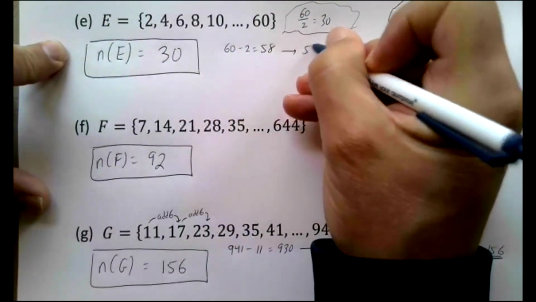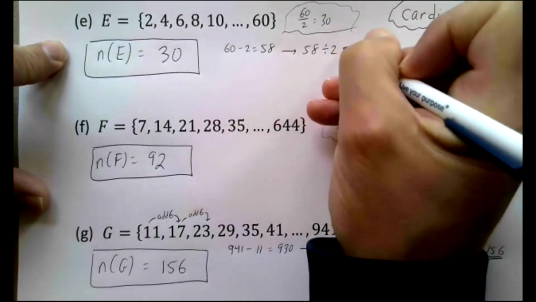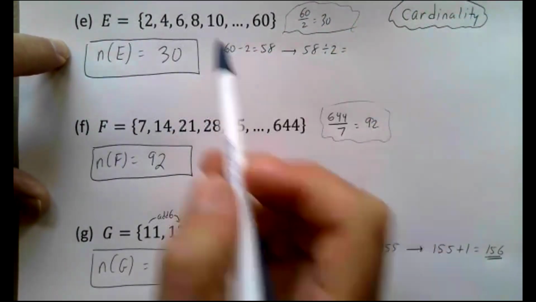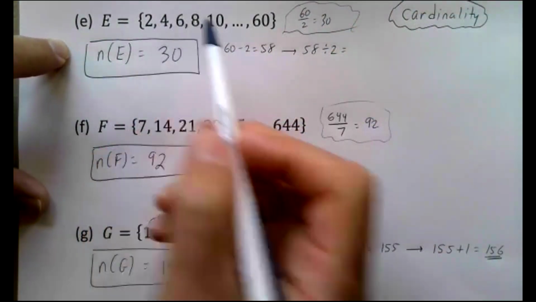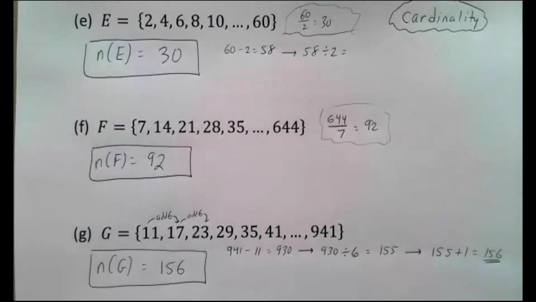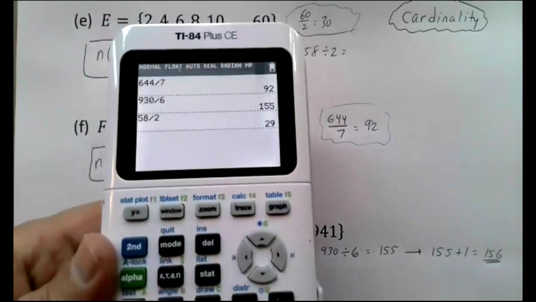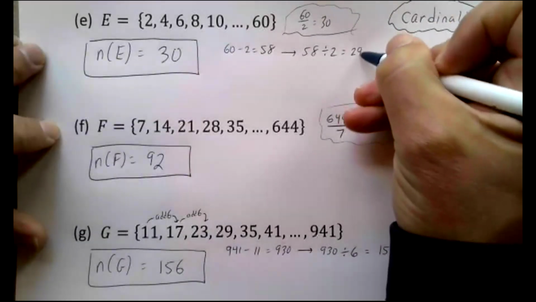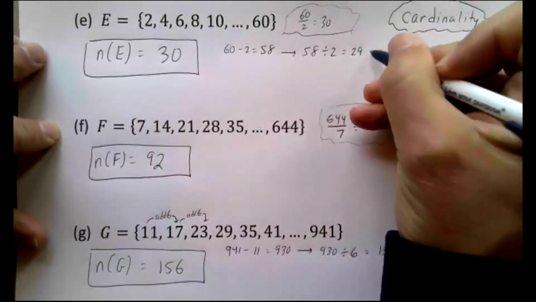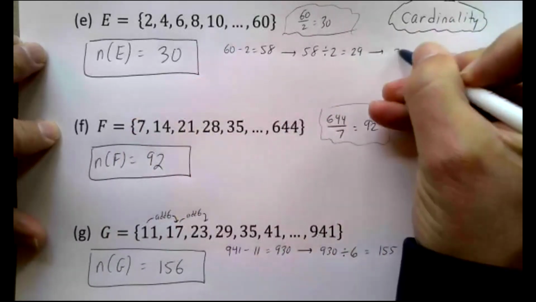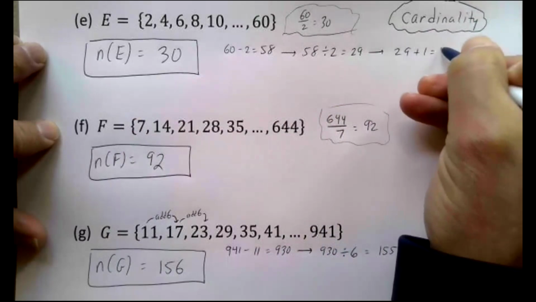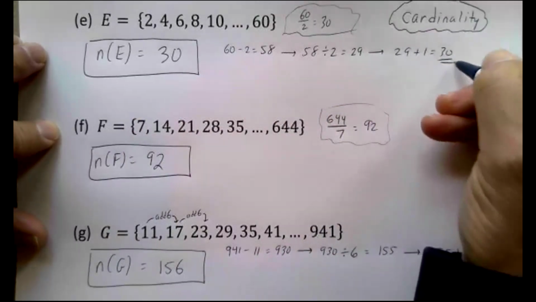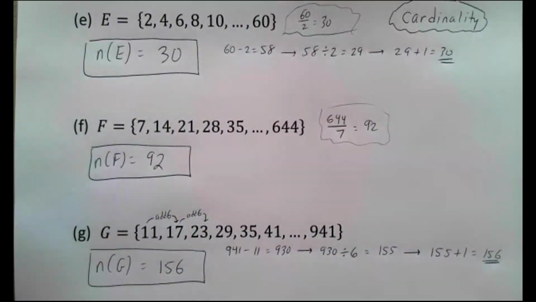And then what if I divided 58 by 2? Why would I be dividing by 2? Because that's the pattern. I'm going up by 2's on this one. 58 divided by 2 would be 29. 29 is not my final answer. We know the final answer is 30. If you use this logic, you always have to add 1 at the end. That's how you get your final answer.